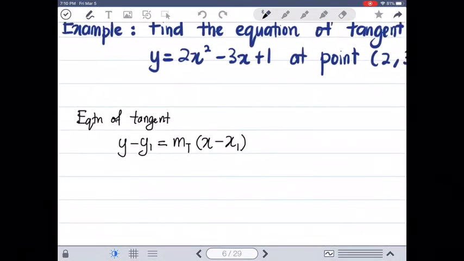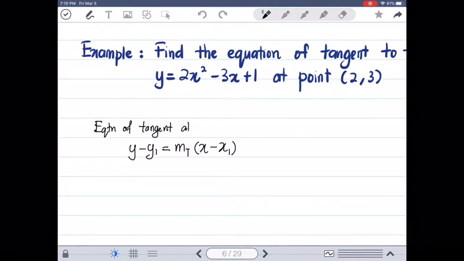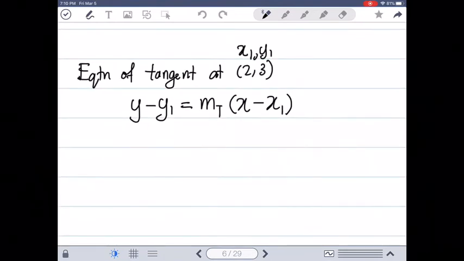The point here is 2, 3, so this is our x1 and this is our y1. We have no problem substituting x1 and y1 because they have given us the point.